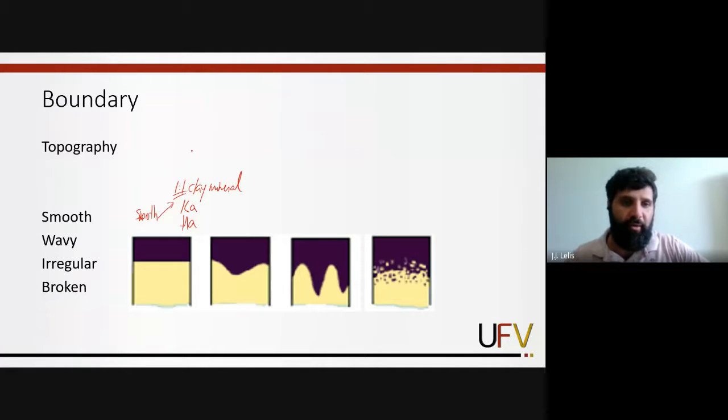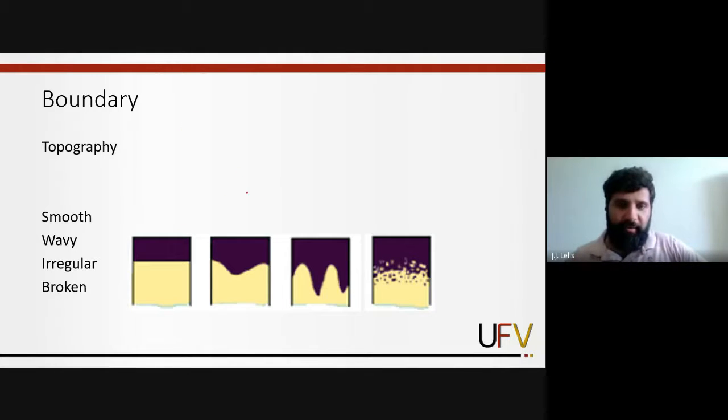We can see it in goethite materials, hematite materials. The majority of soils have this kind of transitional, this kind of boundary, this kind of topography. Okay, it's very, very common.